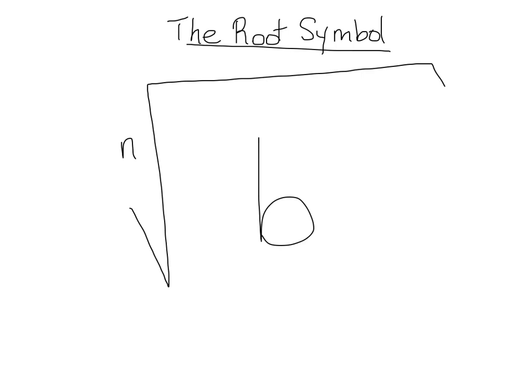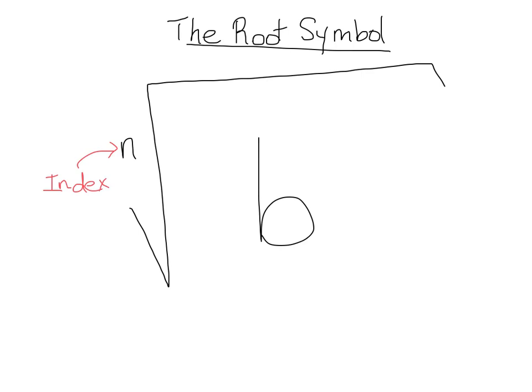I just want to point out what each thing is called, because later on we'll be referring to things by their proper name and I don't want you to be confused. So the first thing I want to tell you about is that n, the little number that we use, 2 for square root, 3 for cube root, 4 for fourth root, and so on, that number is called the index.